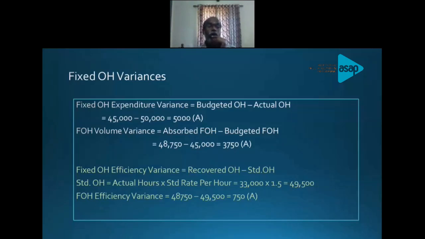So the recovered overhead is 49,500. The absorbed overhead, already calculated, is 48,750. The difference is 750. Variance here is 750.